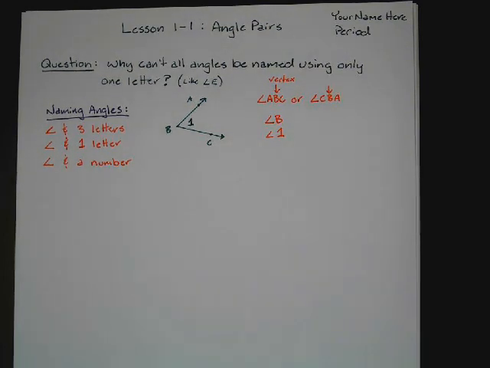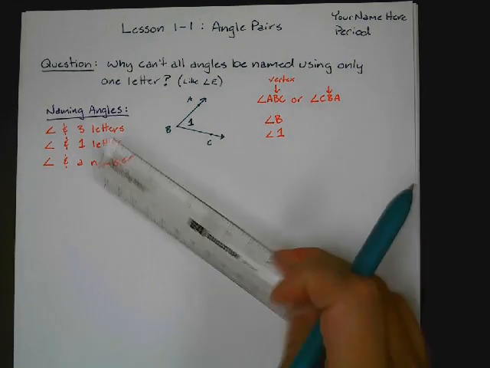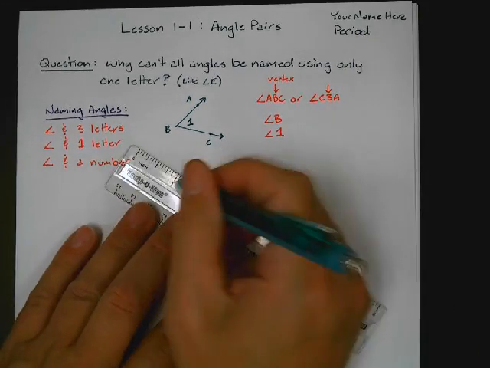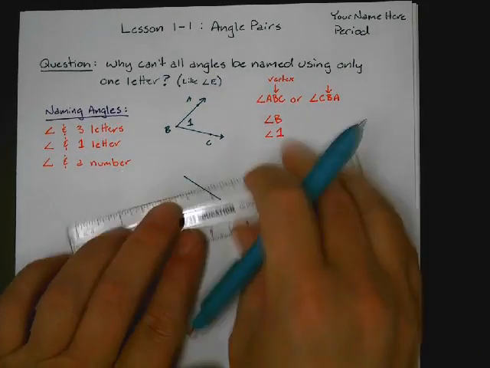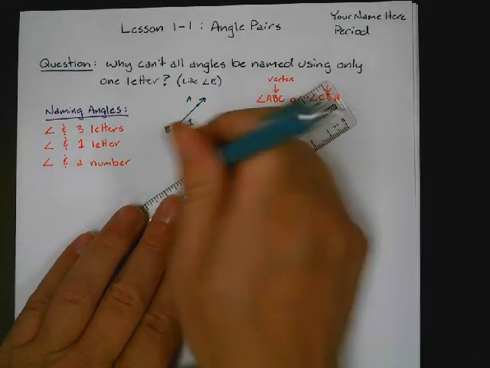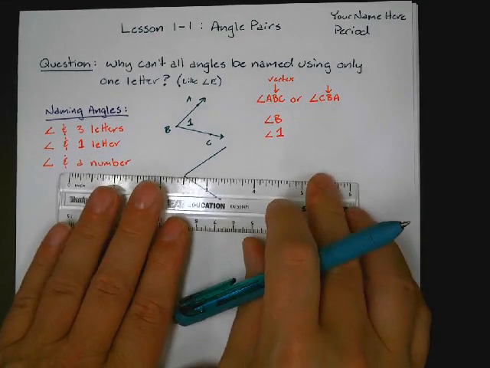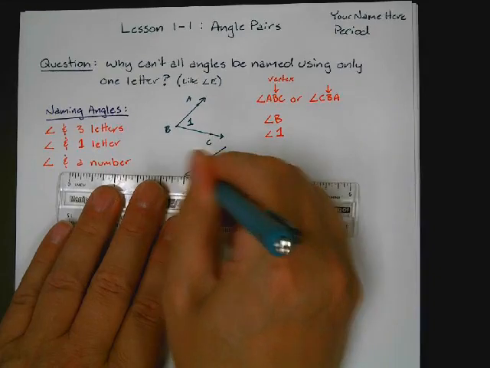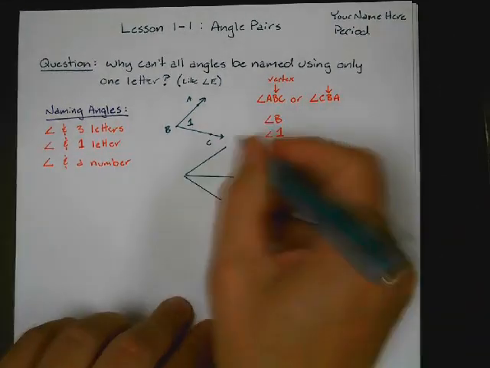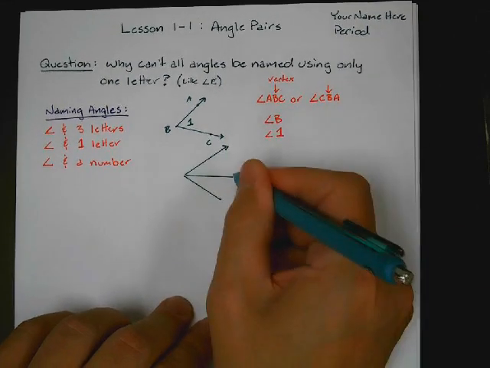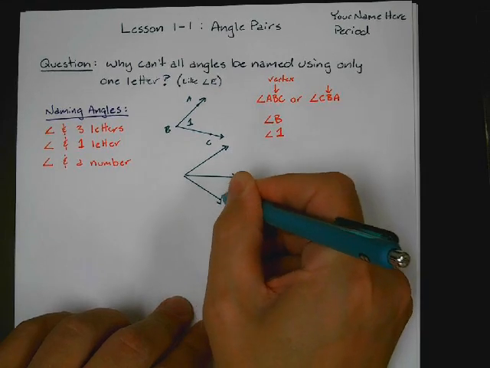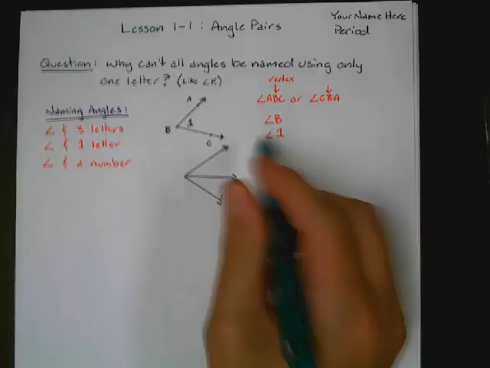Now let's do a different angle this time, and show you why you can't always use 1 letter, and sometimes you have to use 3 letters. All right, so we have several angles sitting here.